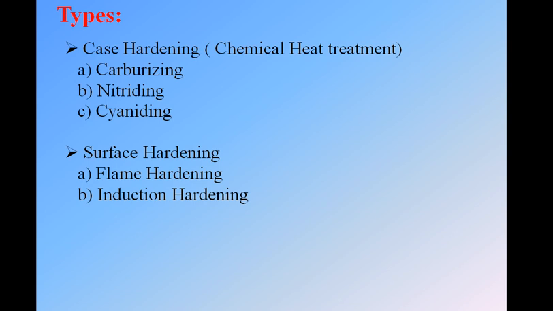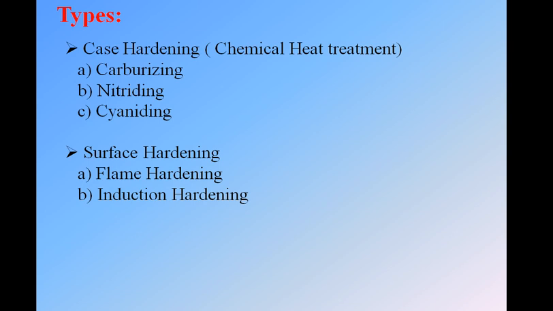In carburizing, as the name suggests, we add carbon on the surface of the material. In nitriding, we add nitrogen on the surface. And in cyaniding, we add carbon plus nitrogen on the surface of the material.